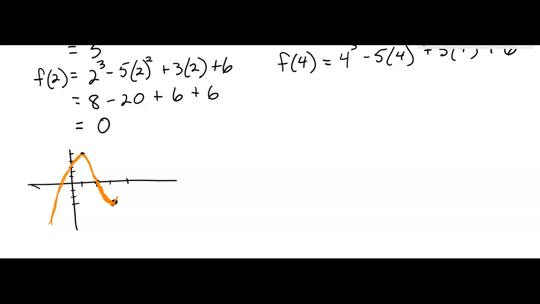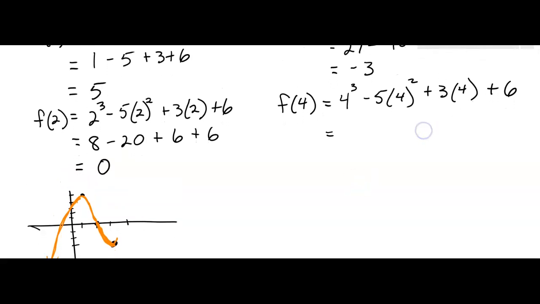Now you might be saying, well, maybe there's 1 between 1 and 2. And maybe there is, but from the information we have, we don't know. Okay, so let's go ahead and finish this calculation. So 4 cubed is 64.